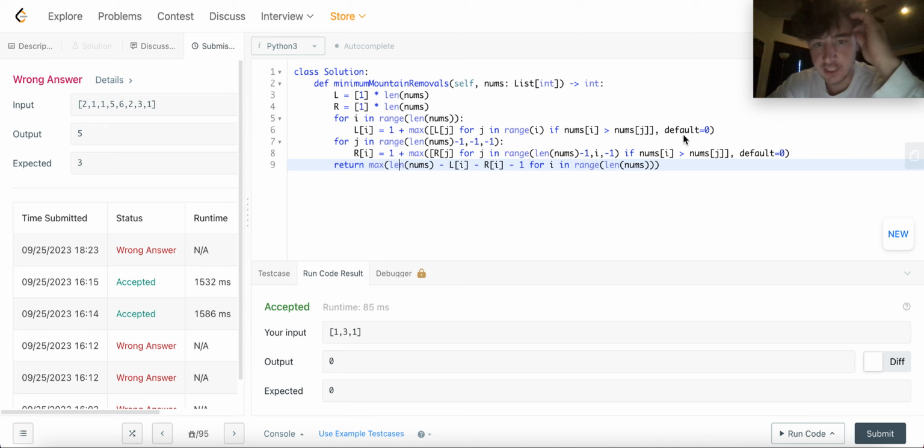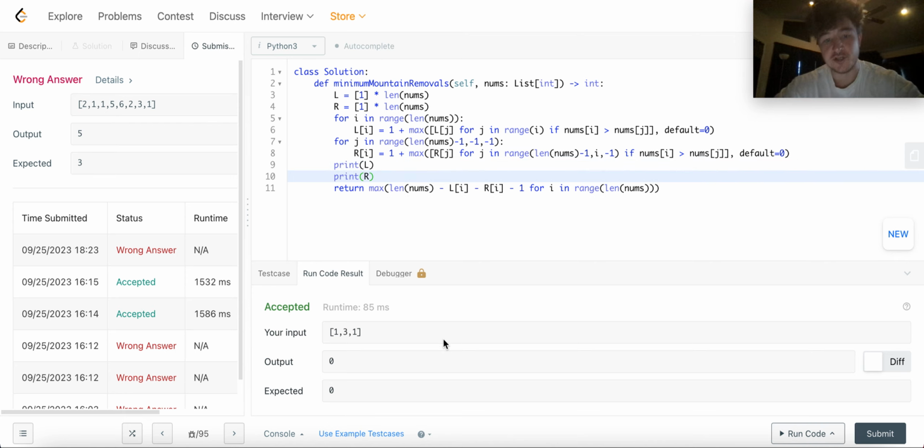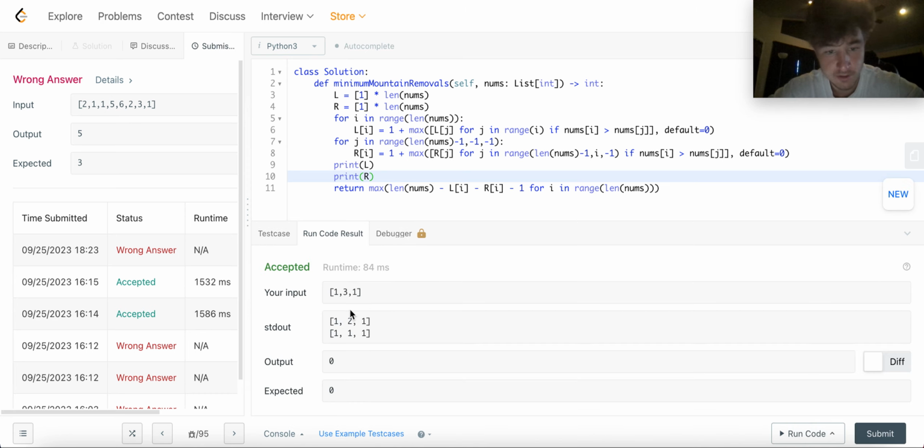All right, so always a good thing to do when you're troubleshooting is to print out your L and your R, the things that you're populating, to see if they make sense. It should be 1, 2, 1 for both directions because it's just 1, 3, 1. So this should be 2 here, because the longest thing is, oh, because I put j here for some reason.